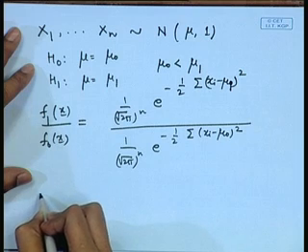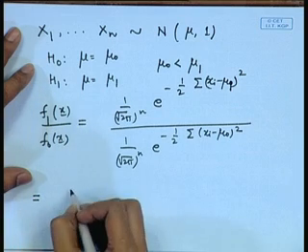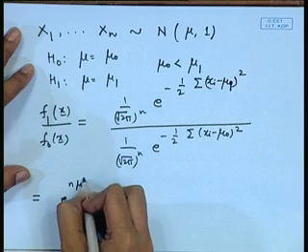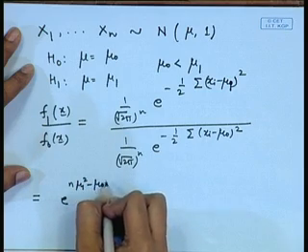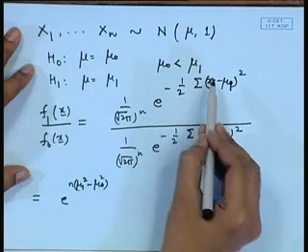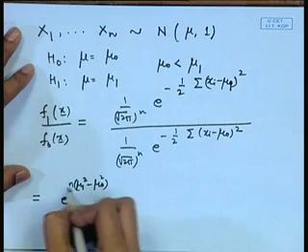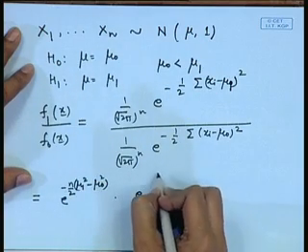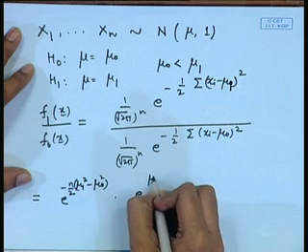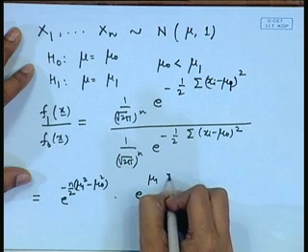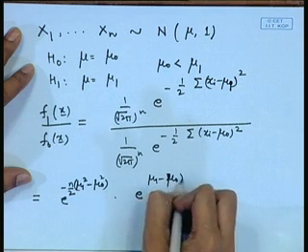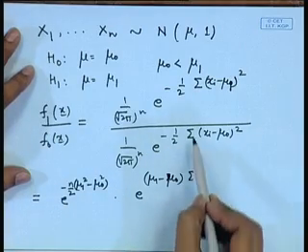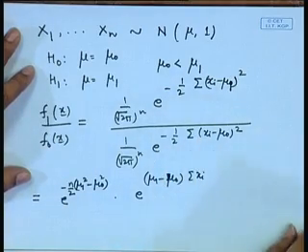So, after simplification this term becomes e to the power minus n by 2 mu 1 square minus mu naught square, with e to the power mu 1 minus mu naught sigma x i. Remaining terms get cancelled out here.